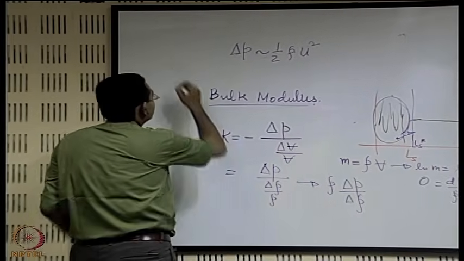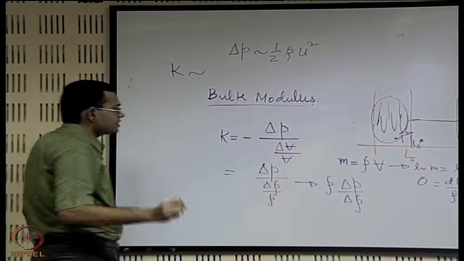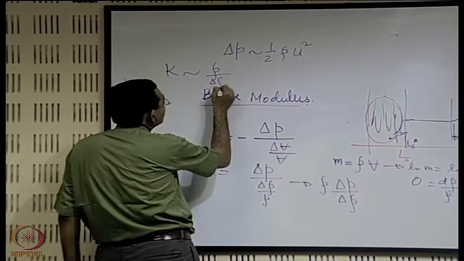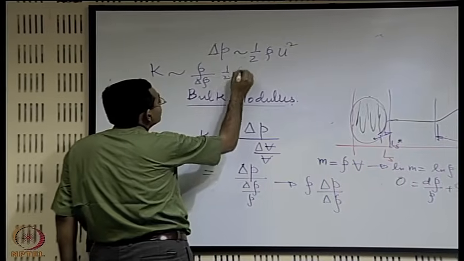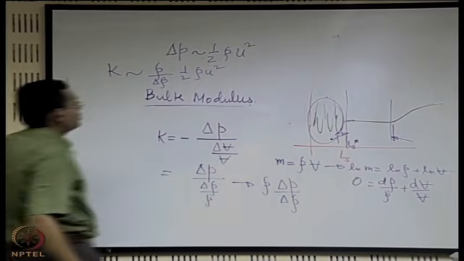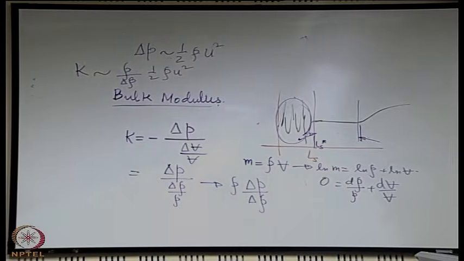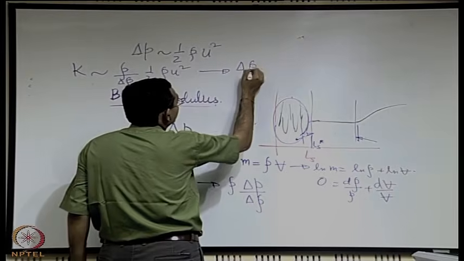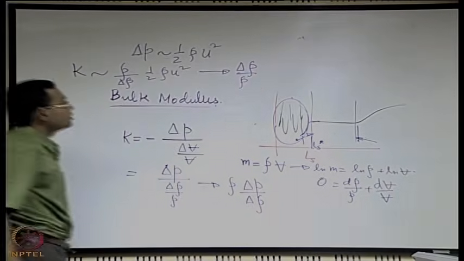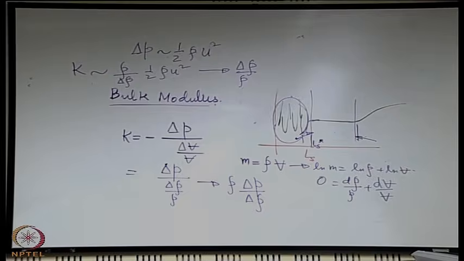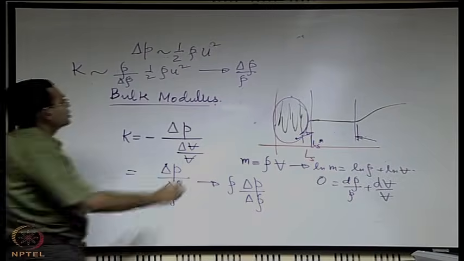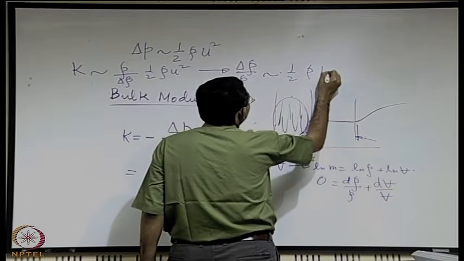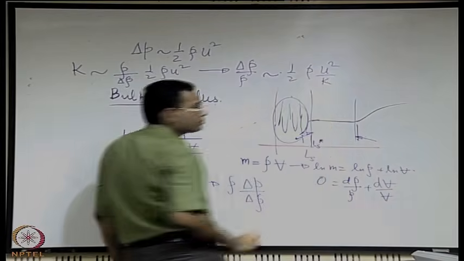So you can therefore write a scale of k as rho. Let us try to see what is delta rho by rho scale, that means what is the change in density relative to its original density. If we do that, it will be half rho u square by k.